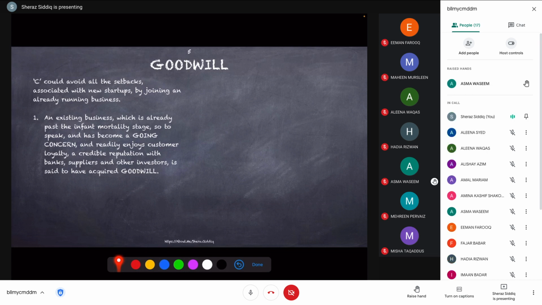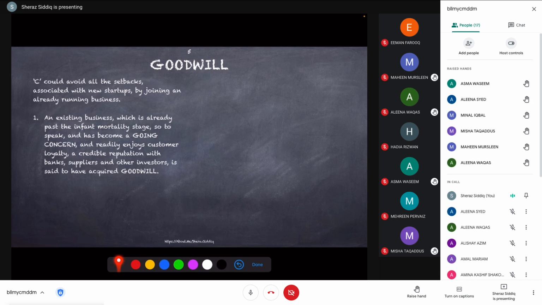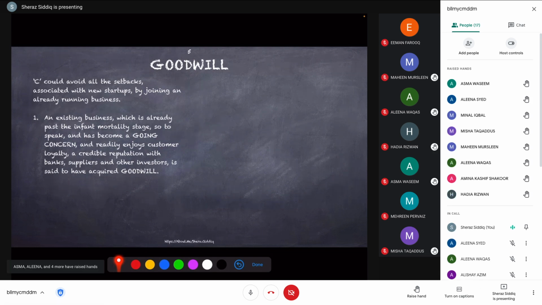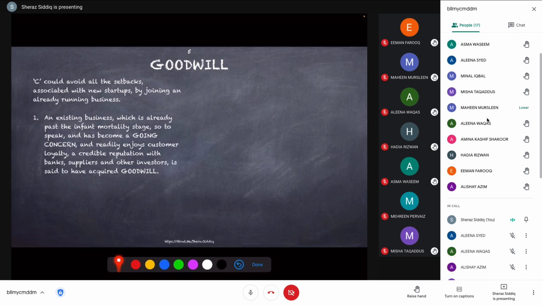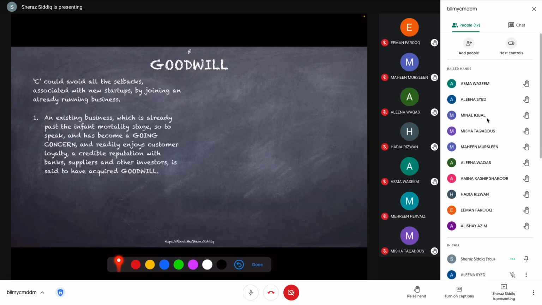And this particular point actually tells you that it is far better an idea for C to join in with A and B rather than starting a business from his own, because there are so many risks associated with a fresh startup compared to associating it with an already established business, right? All right, so there are a few hands that I don't see, but I assume that they don't have any issues, right?